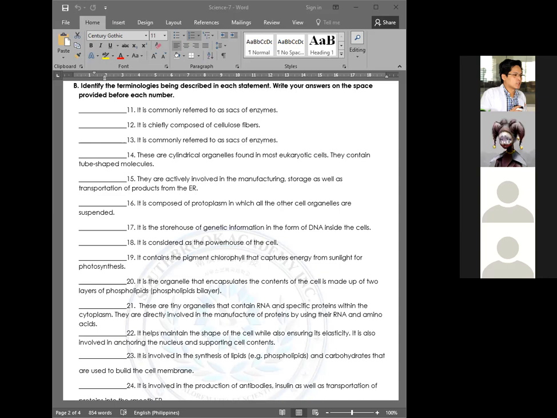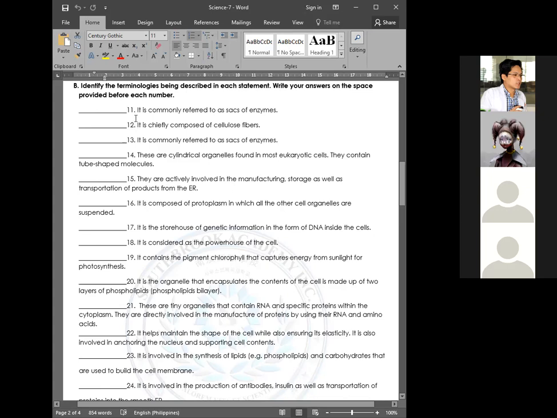Sacks of enzymes. What do you think is the answer? It is lysosome. Okay? Lysosome.